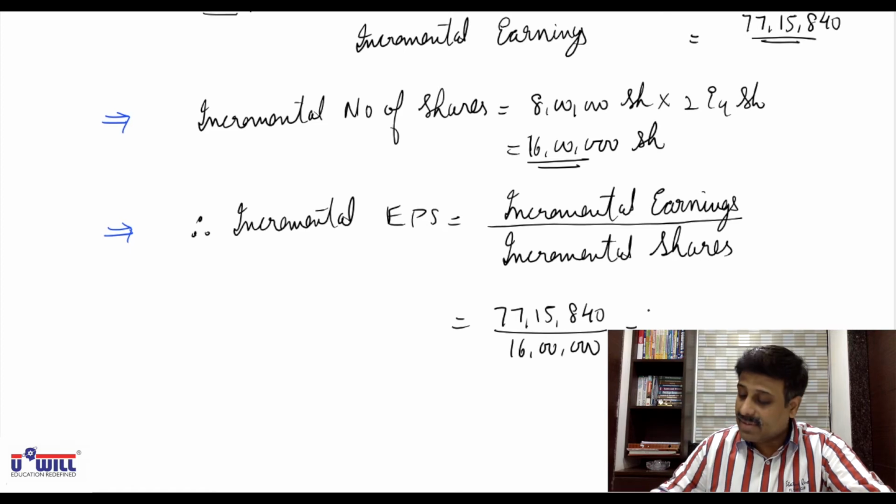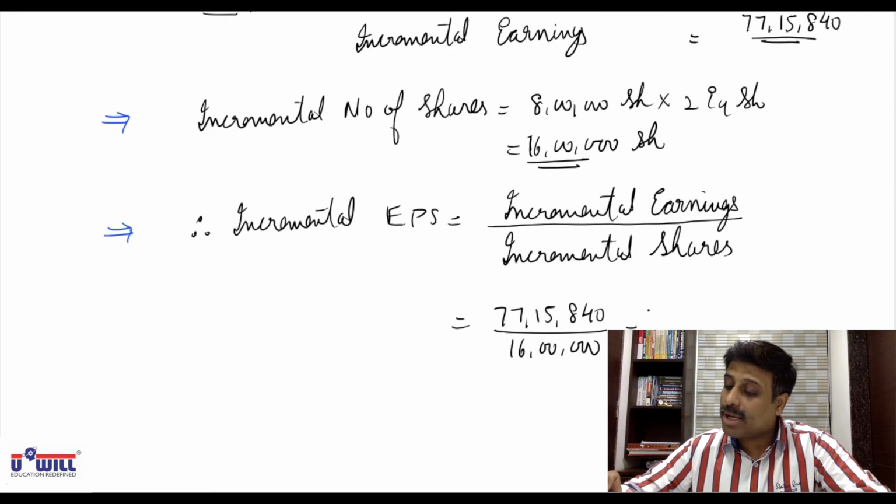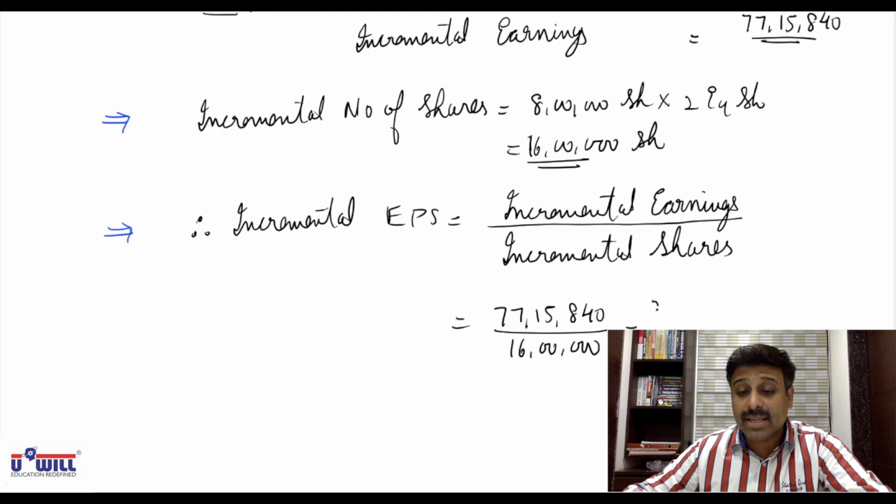Do it, 77 lakhs 15,840 divided by 16 lakhs. So 4.8224, which means rupees 4.82 is the incremental EPS due to preference shares.